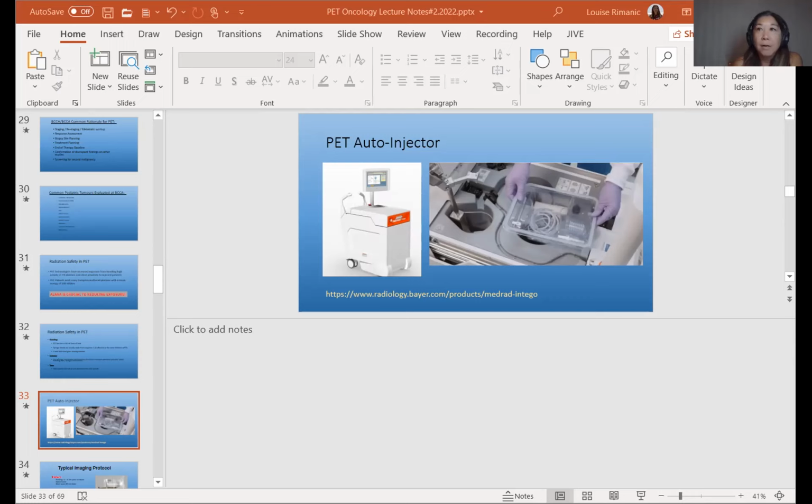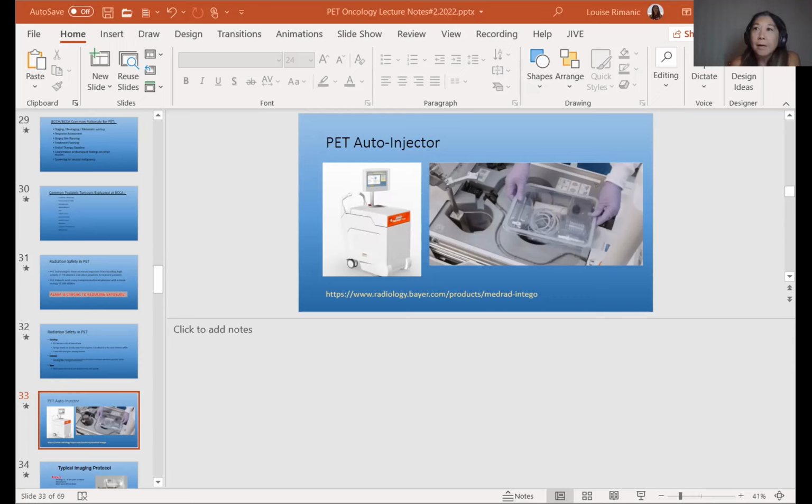The second and third case, I believe, are the same patient. So again, FDG done here, a couple days later the sodium fluoride PET scan was done, and then the PSMA study was also done.